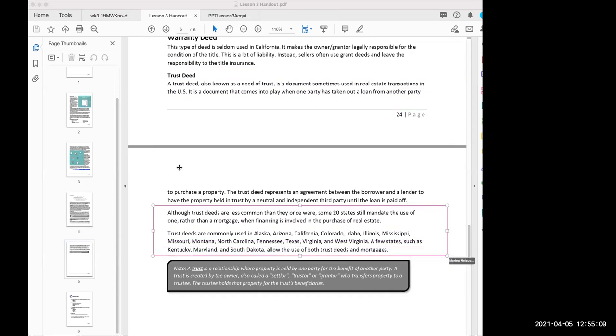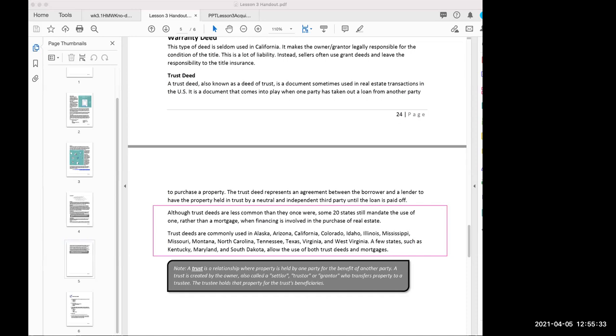Although trust deeds are less common than the mortgage, some states still mandate the use of trust deeds rather than a mortgage when financing is involved in the purchase of real estate.